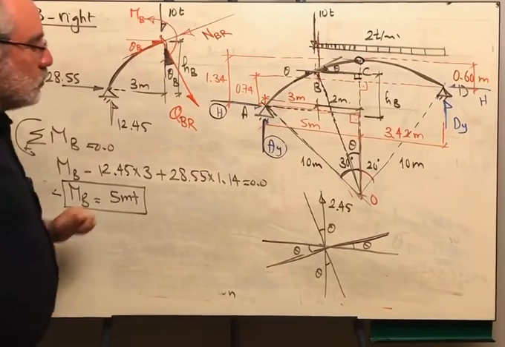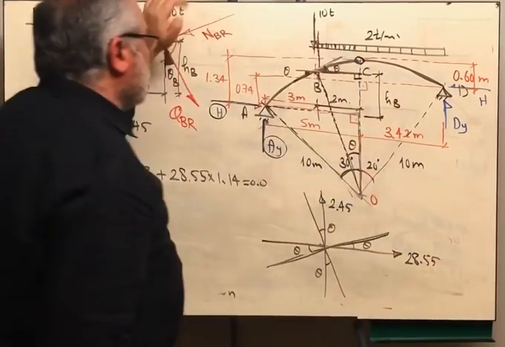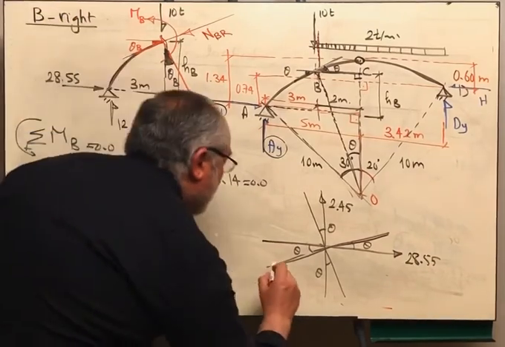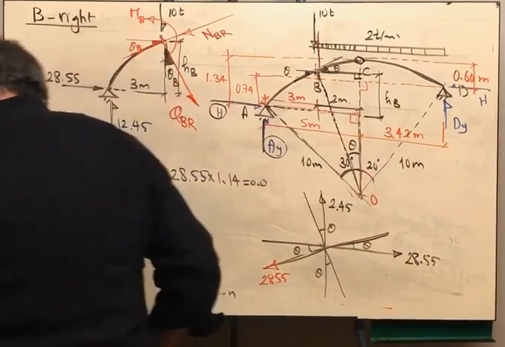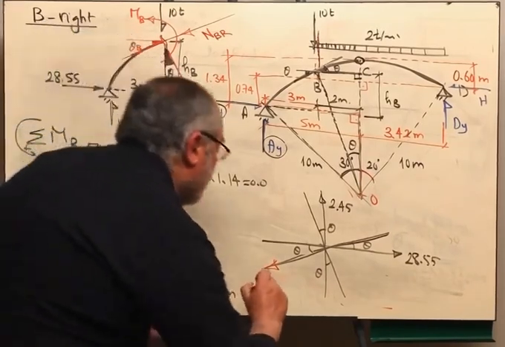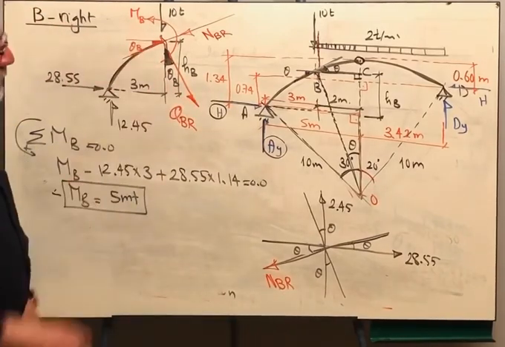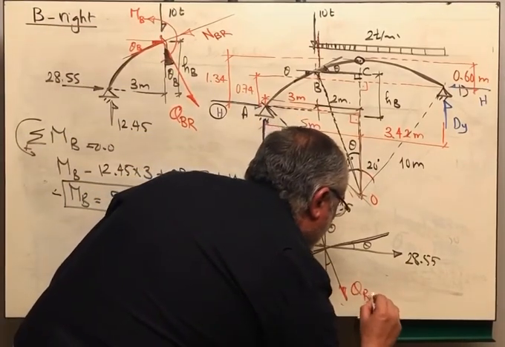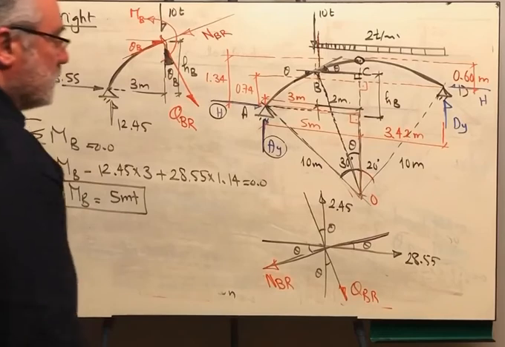And in the horizontal direction, we have 28.55. Now the normal force will be in this direction, and the normal force in this direction will be NB right, and the shear on my right hand side and downward, because we are assuming it positive, so this is QB right.